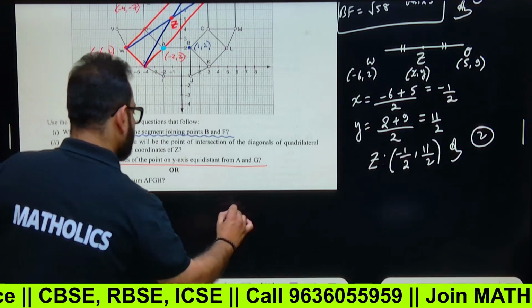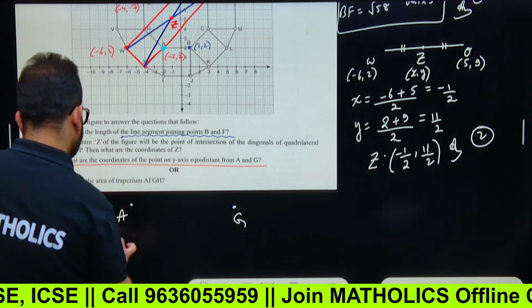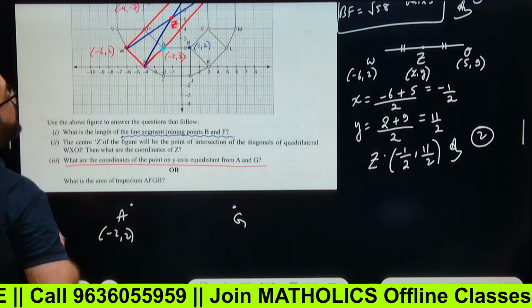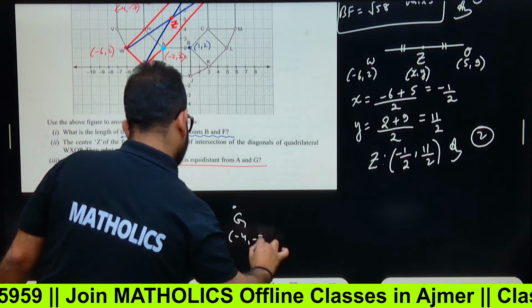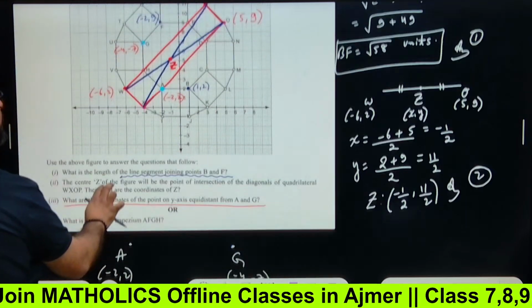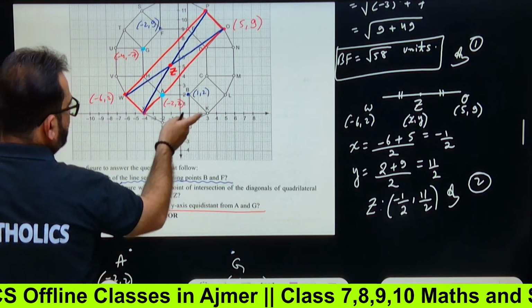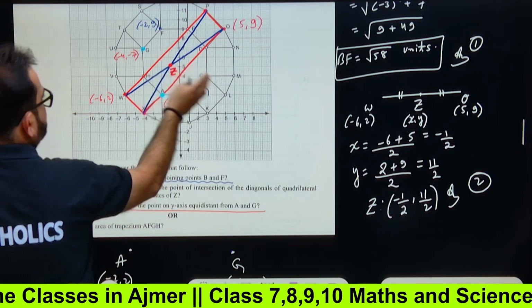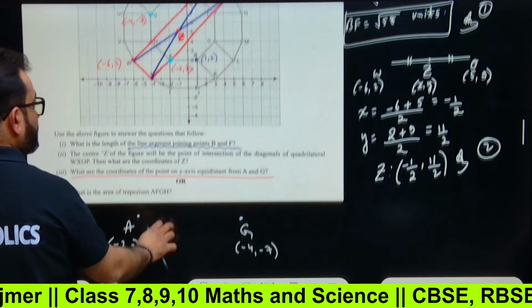This is A, this is point G. A is -2, comma 2. G is -4, comma -7. Am I writing the coordinates correctly? Yes, sir. Now, we have to find coordinates.